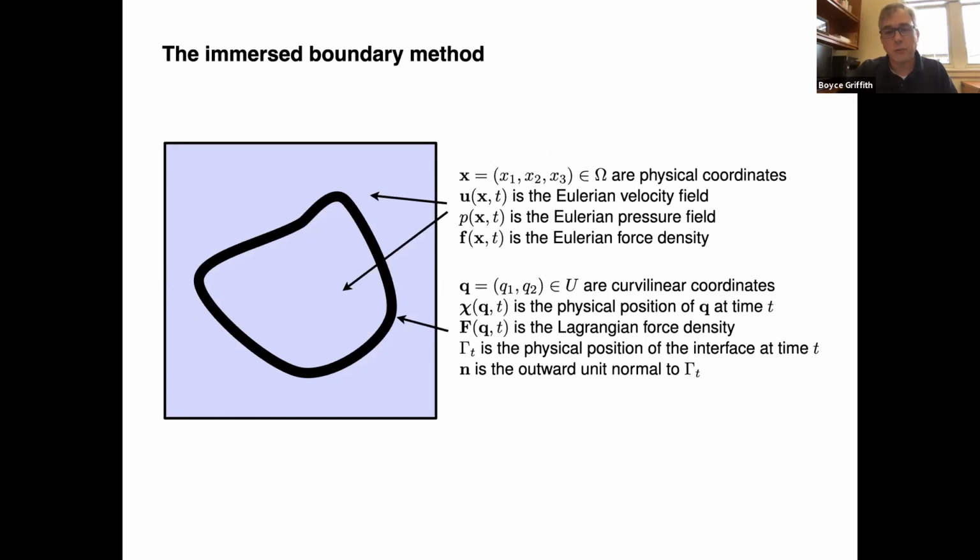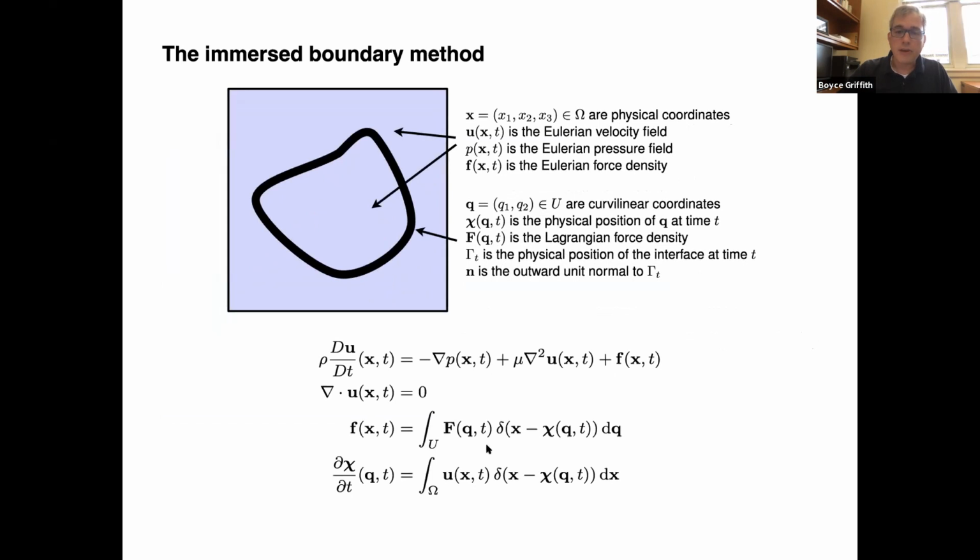For the classical immersed boundary method, the structure was a boundary, but we keep track of the deformations, and the resultant forces generated by the deformations of the structure, in terms of a material coordinate system that's attached to the moving structure, and then we link these two descriptions together.